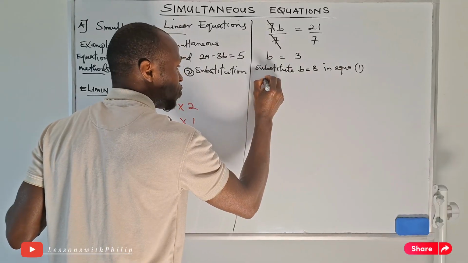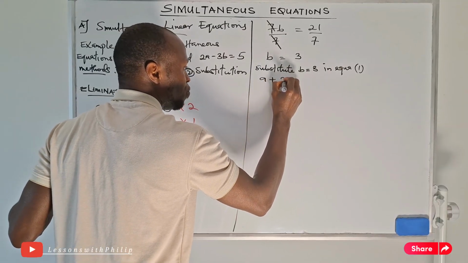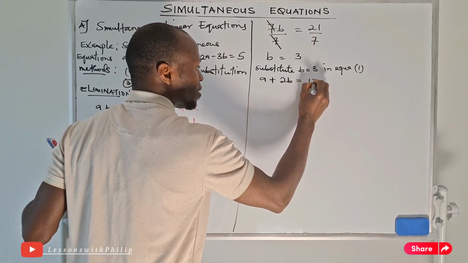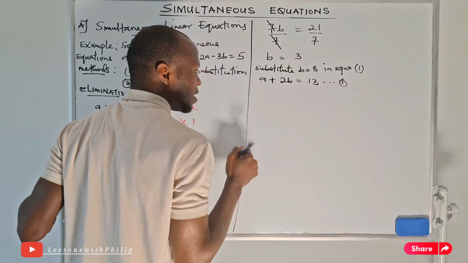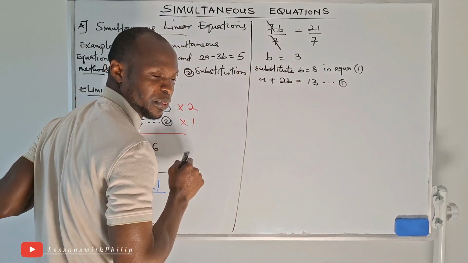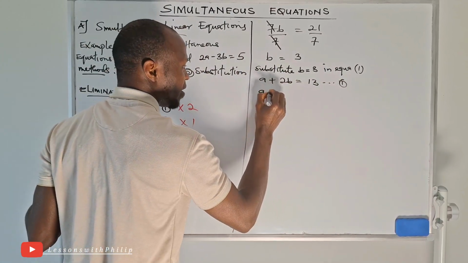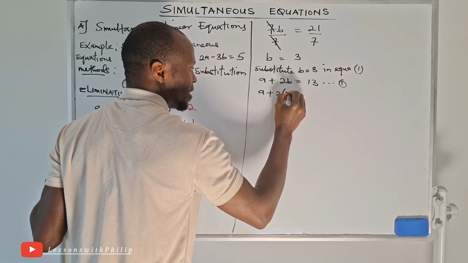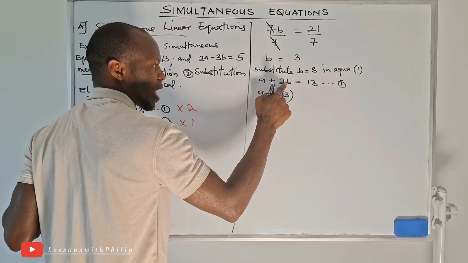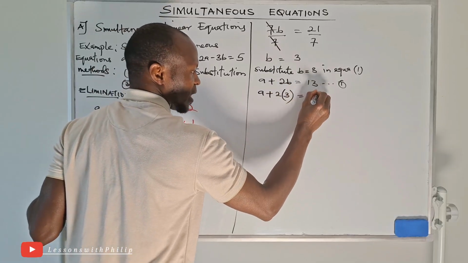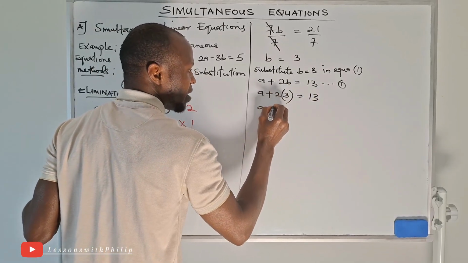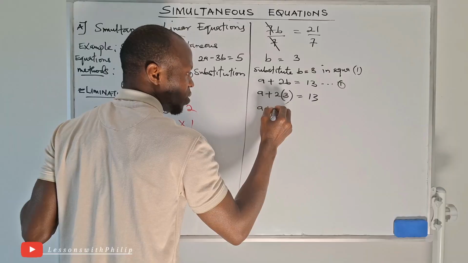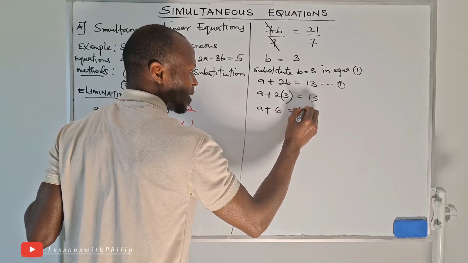We use equation 1. So we have a plus 2b equals to 13, which is my equation 1. So wherever you see b, you put 3. So we have a plus 2 times my b, which is 3. Don't forget 2b is 2 times b, equals to 13. So my a plus 2 times 3 is what? 6 equals to 13.